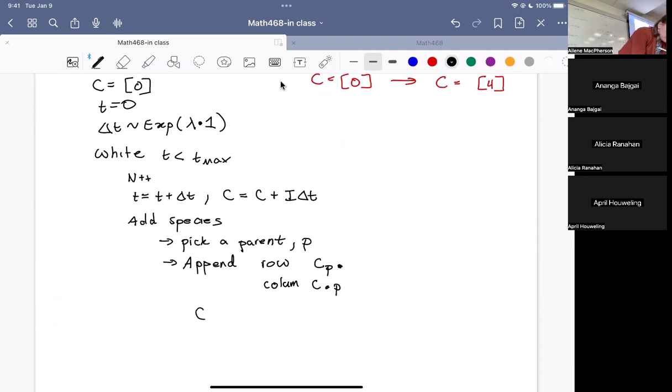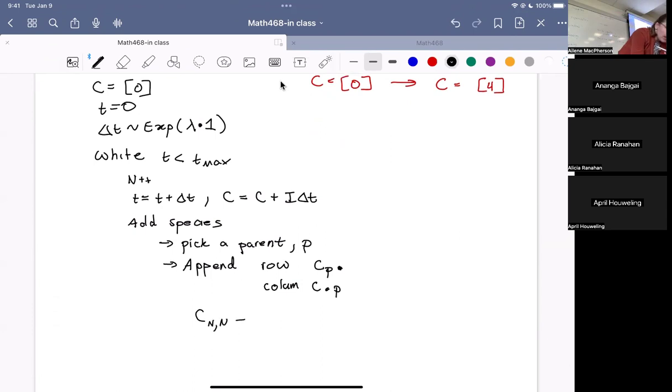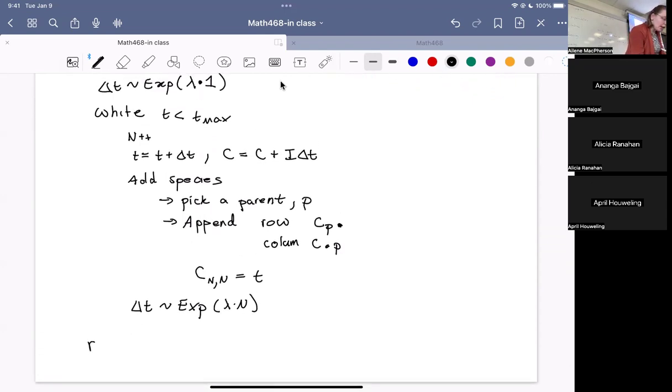That adds a new offspring, my new descendant, and the new diagonal element is T. We went over this before when we talked about simulating coalescence. They are exactly the same procedure when you simulate a coalescent, except your rate is different. And then we have to pick a new delta T. And at the end, I want to return my matrix.